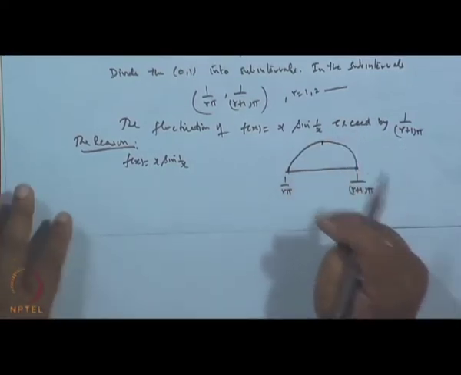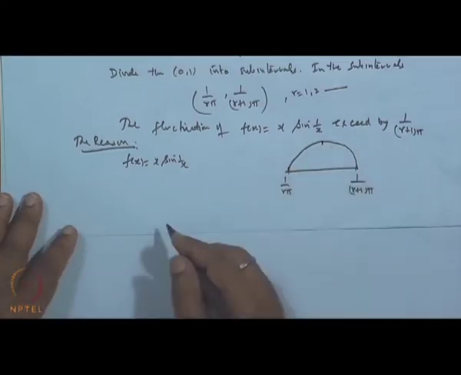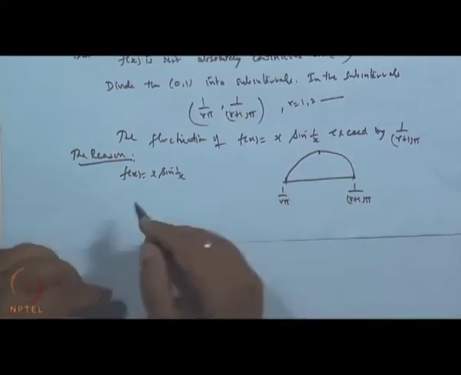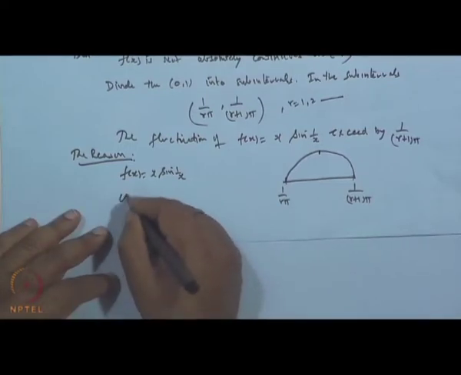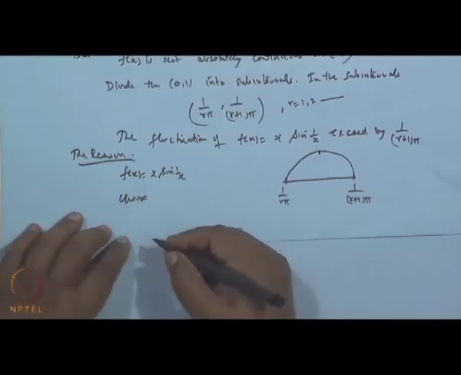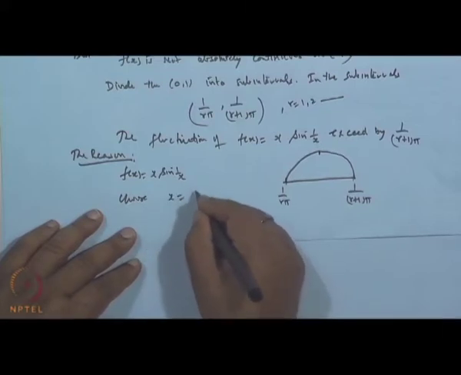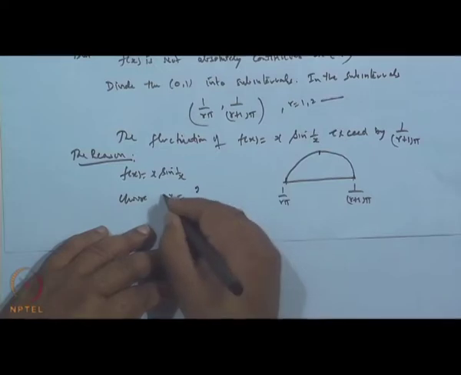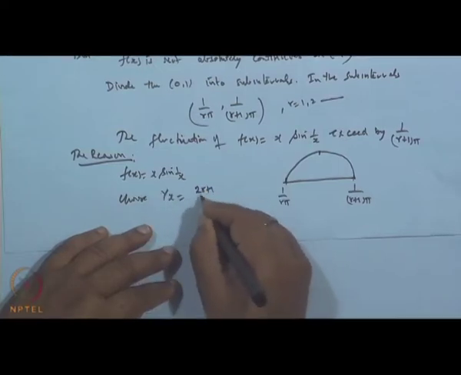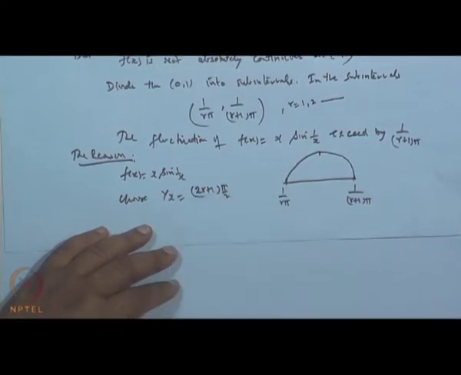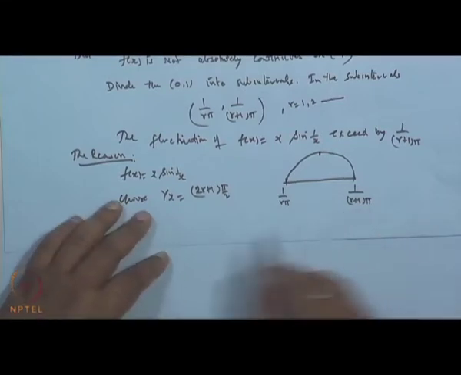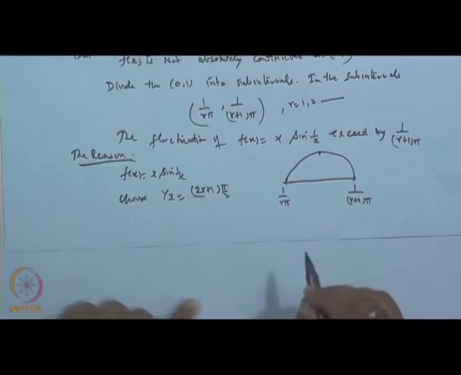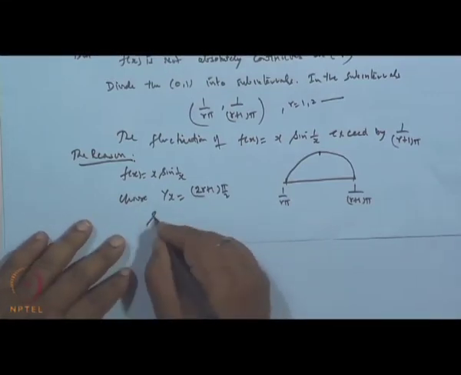So, the fluctuation of the function, the value of this minus the value of this, will be greater than this number. Now, the maximum value: suppose I choose 1 by x to be 2r plus 1 pi by 2. So, x will be 1 upon this value. Then what will be the sine of this value?